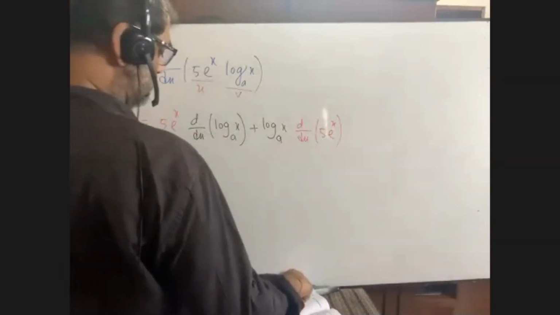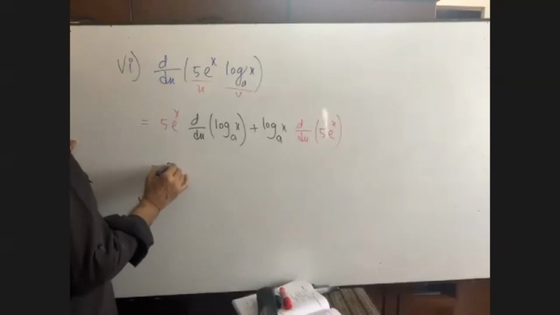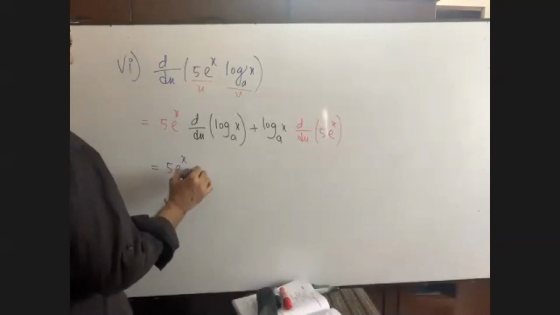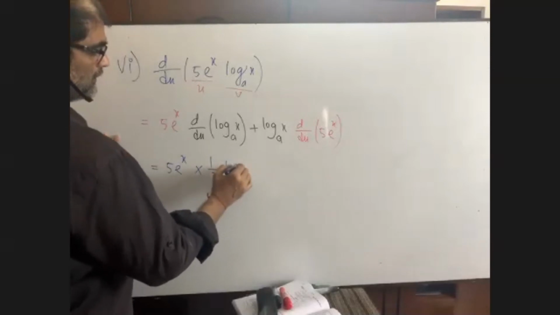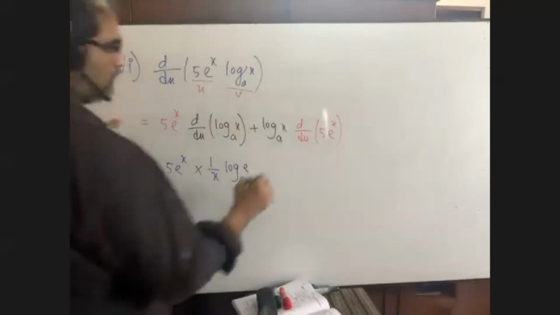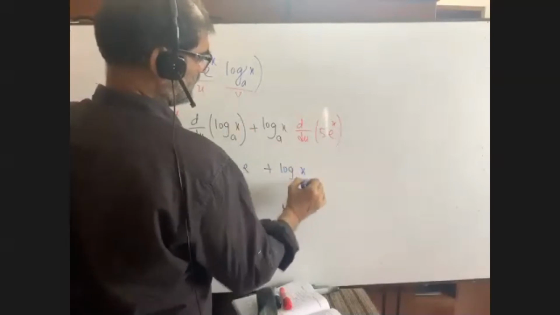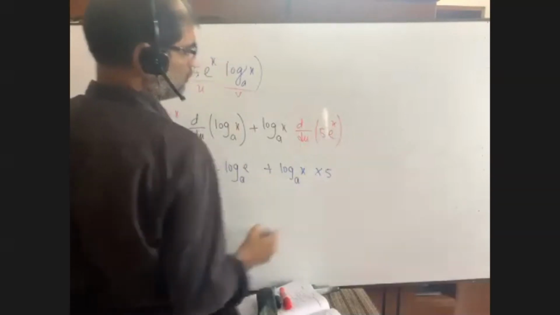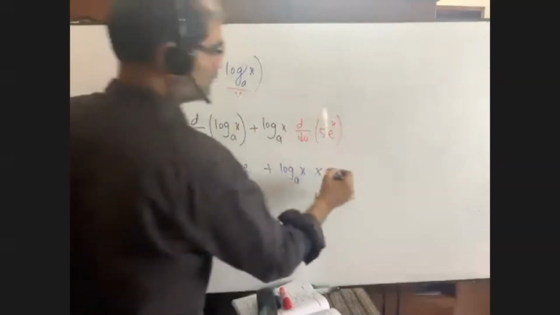Now we can write here it is 5 e to the power x log a base x. What is the formula? 1 by x log a base e plus log a base x. 5, it is coefficient, no change, no functioning on coefficient. e to the power x, it is always e to the power x.